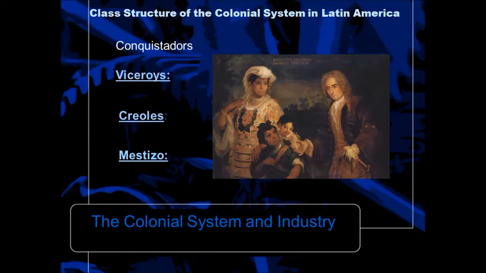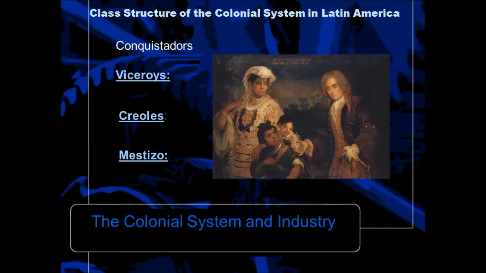There were members of Spanish society called conquistadors who were Spanish explorers, and these explorers went to the crown of Spain and received a charter or government authority to come over here to Latin America and claim a piece of land in the name of the Spanish crown. Spanish crown, not crowned, Spanish crown. I can't talk this morning. So the conquistadors are the ones who actually had the legal document.